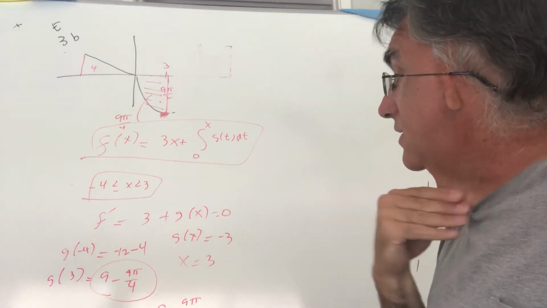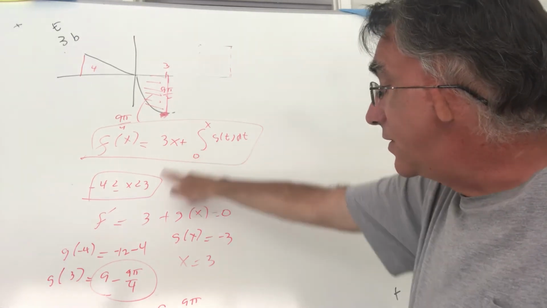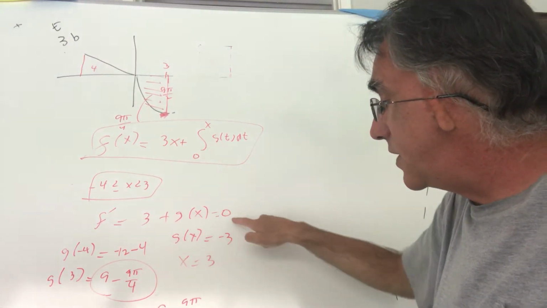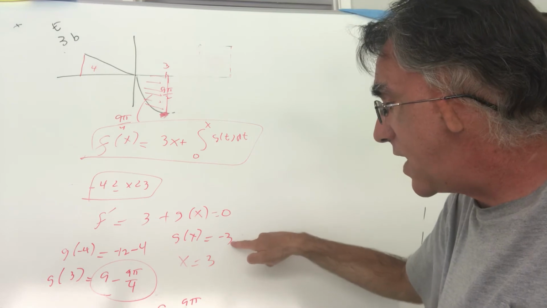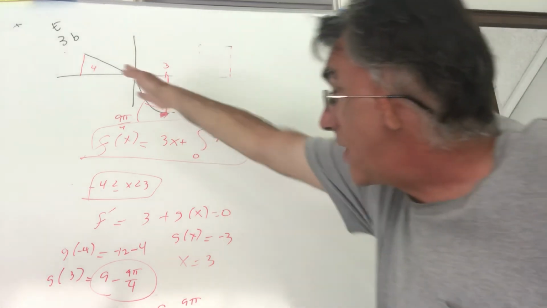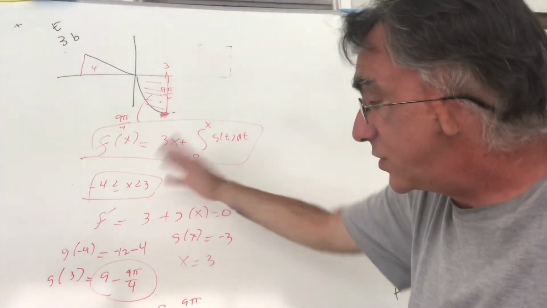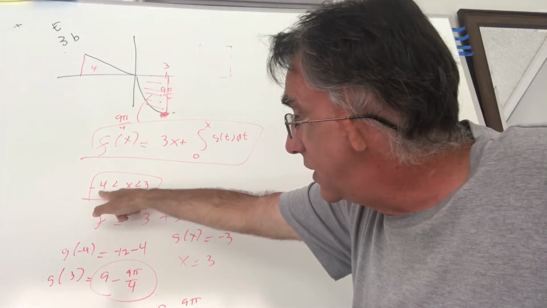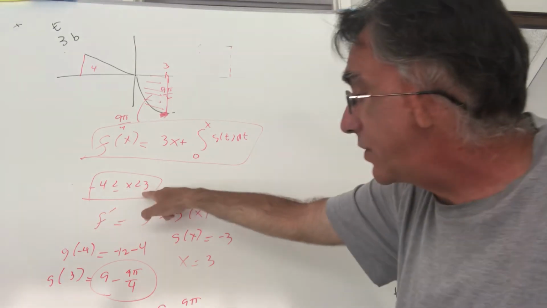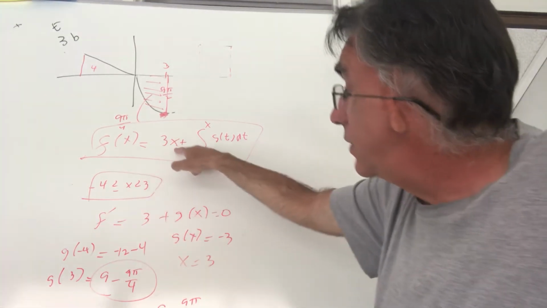Let me just say it real fast again. There's f. There's the derivative of f. When will the derivative be equal to 0? When g is -3. When on that graph is the only time g is -3? When x is 3, but that's an endpoint, so it doesn't count, so there are no critical numbers. So you check -4 to 3. You put the -4 in.